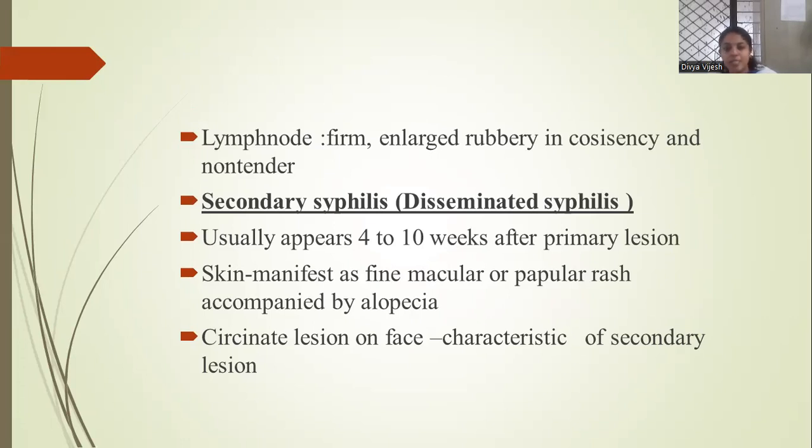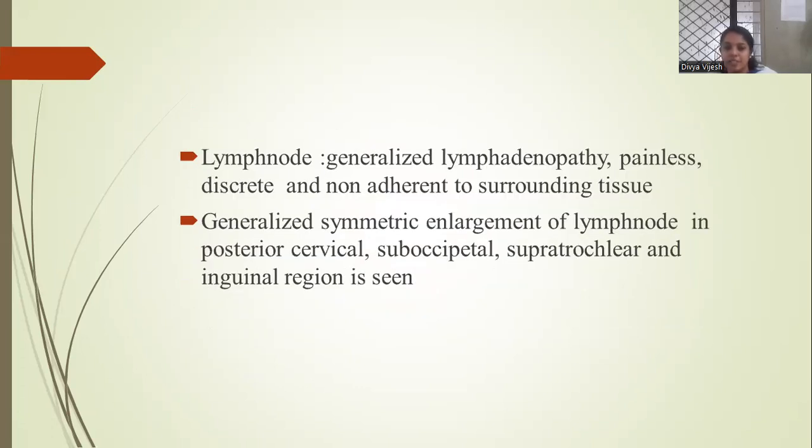And when coming to secondary syphilis, it usually appears 4 to 10 weeks after the primary lesion. Skin manifests as a fine macular or papular rash accompanied by alopecia. Okay, and also you can see succinate lesions on the face characteristic of secondary lesion, and generalized lymphadenopathy.